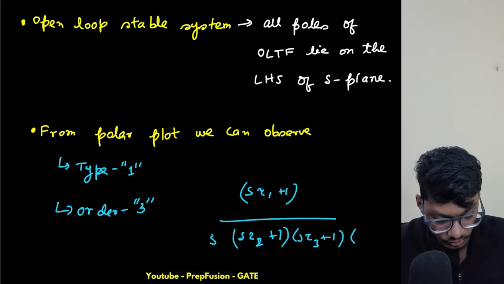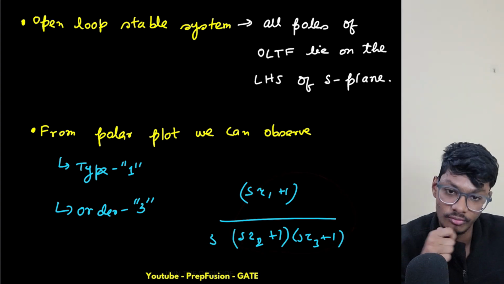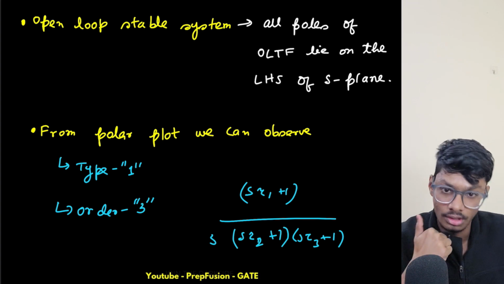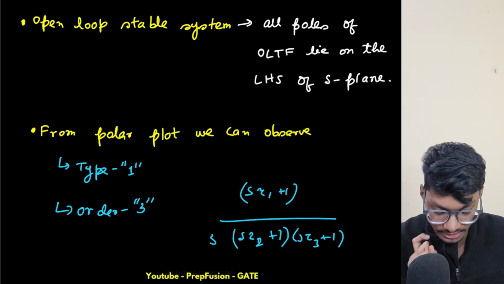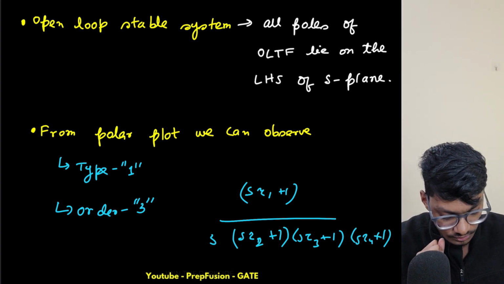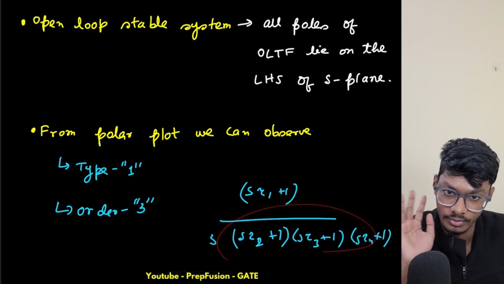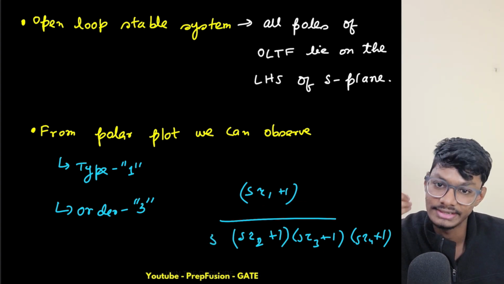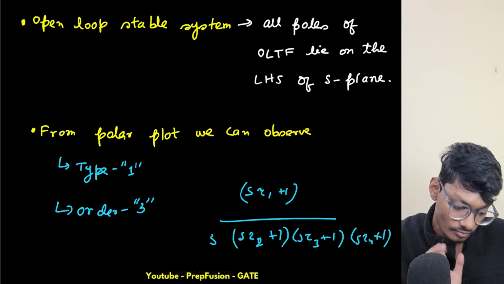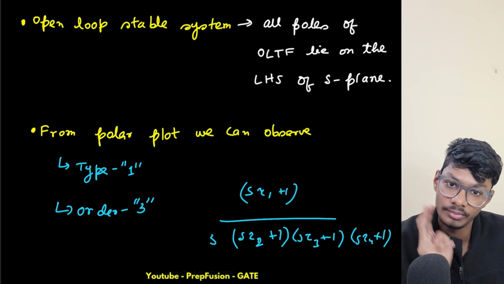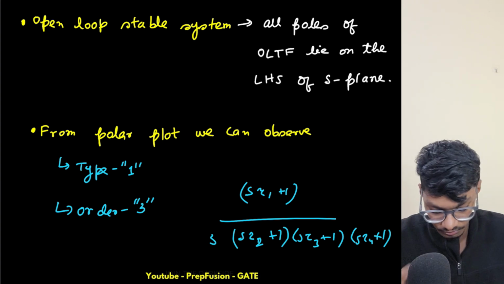Now this is order 3, but if you put s equals infinity, my angle doesn't go to minus 270, it goes to minus 180. So I have to add another pole, s tau 4 plus 1. If I add another pole, my angle goes to minus 270. So at the end, p minus z itself is 3. From here also we can understand that p minus z will be 3 itself.